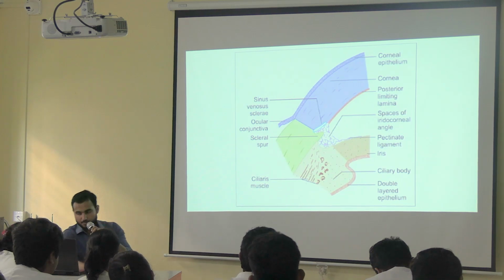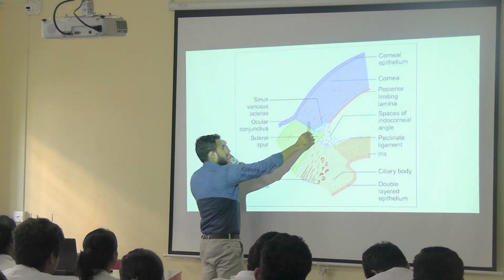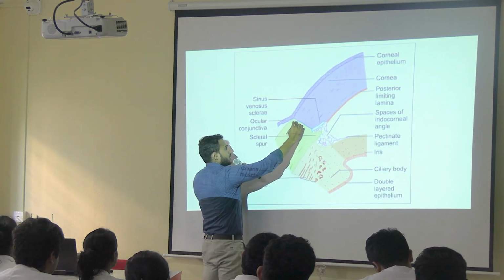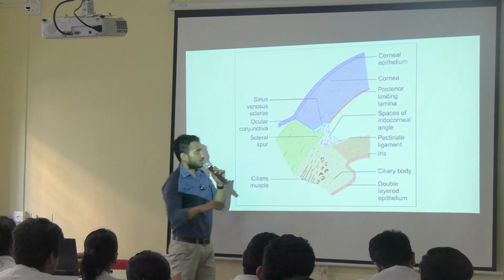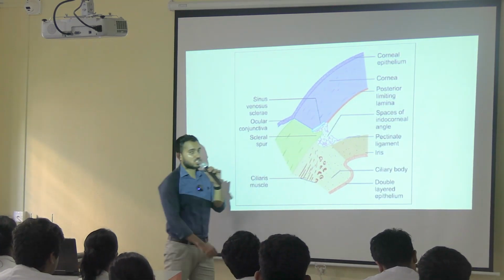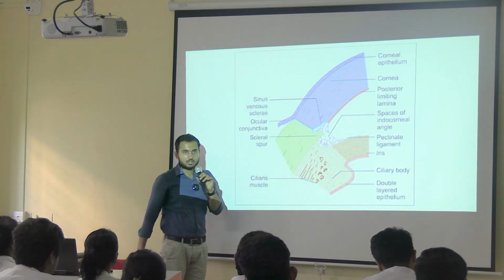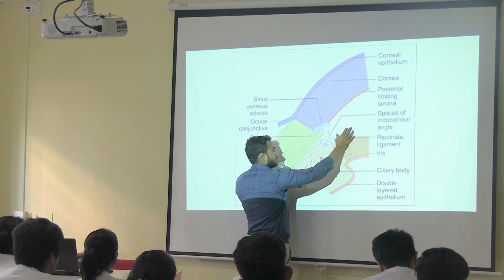now for your reference, please see the diagram. In this diagram you can see the sclerocorneal junction. This part is the sclera, this part is the cornea. Just behind the sclerocorneal junction you can see a canal. This is called the canal of Schlemm, or also the sinus venosus sclerae. This particular part is the anterior chamber.